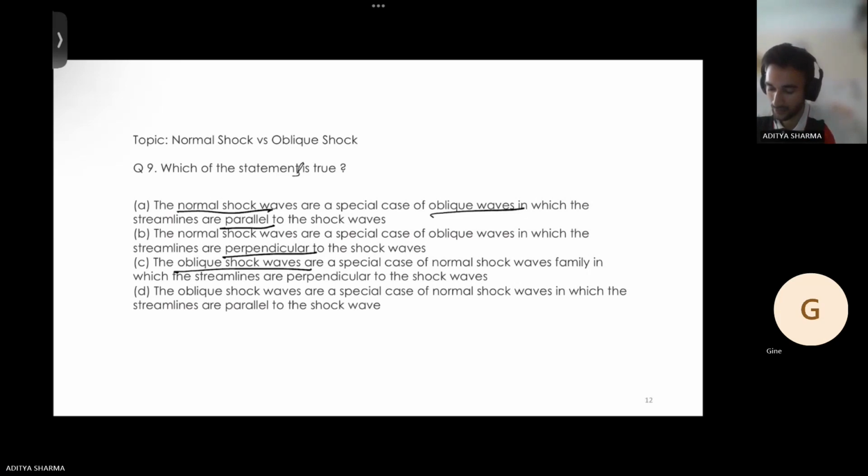So in A and B and C and D, this is the difference, right? If you see in C, the oblique shocks are a special case of normal shock, right? So in that case, the option says that the normal shock is the umbrella term. If you see option D, there also the first oblique shock has been introduced and normal shock has been introduced.